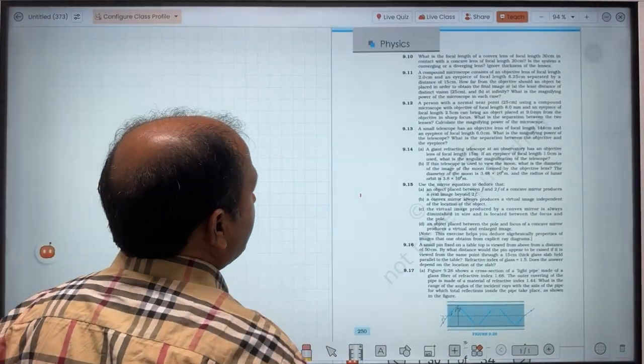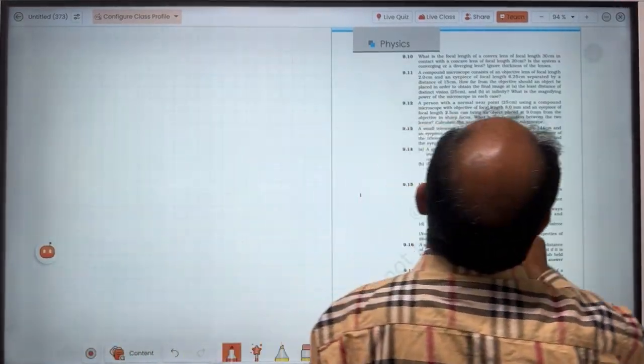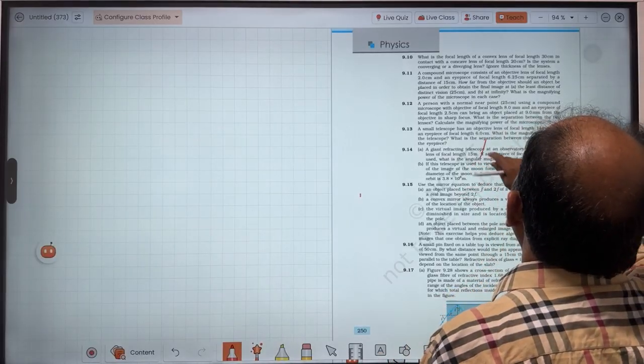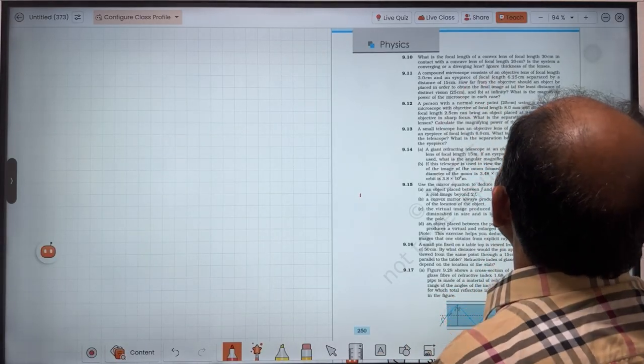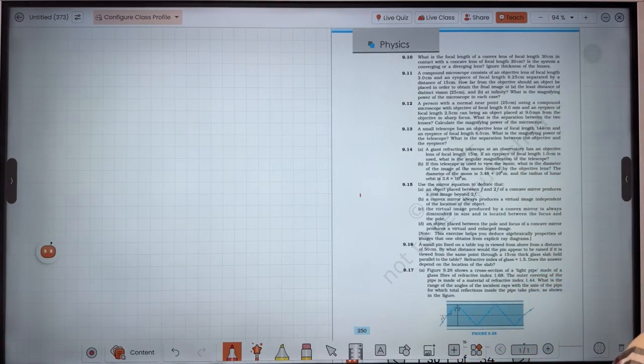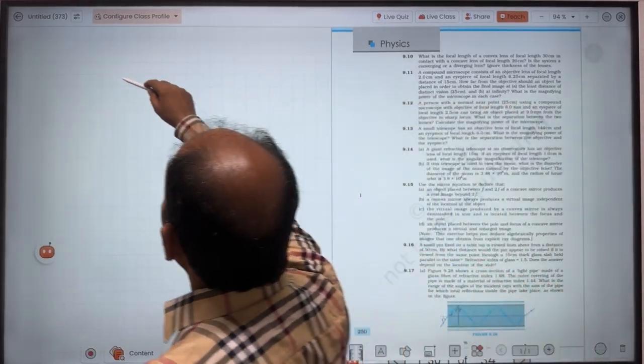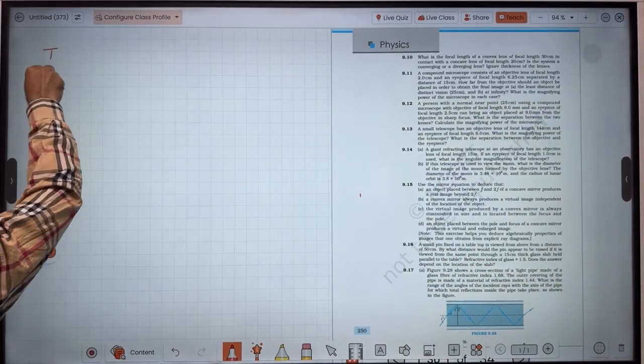Now what does next question say? A small telescope has an objective lens of focal length 144 centimeter and an eyepiece of focal length 6 centimeter. So we are talking about telescope.